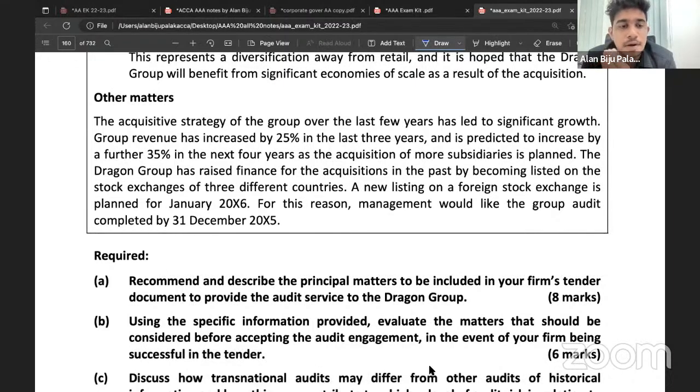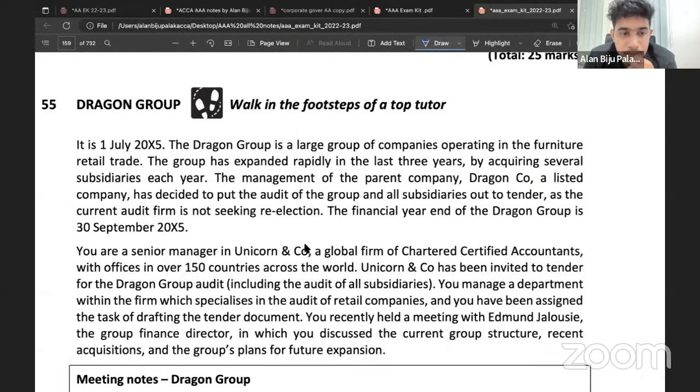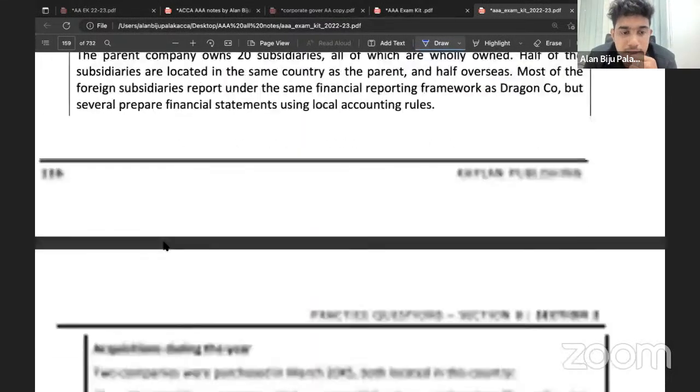The Dragon Group has raised finance for acquisition in the past by becoming listed on the stock exchange of 3 different countries. A new listing on a foreign stock exchange is planned for Jan 2016. For this reason, management would like the group audit to be completed by 31st December 2015. And at the beginning of the question, it is mentioned that their year end is 30th September.